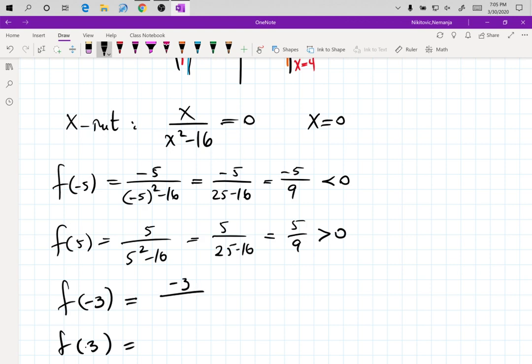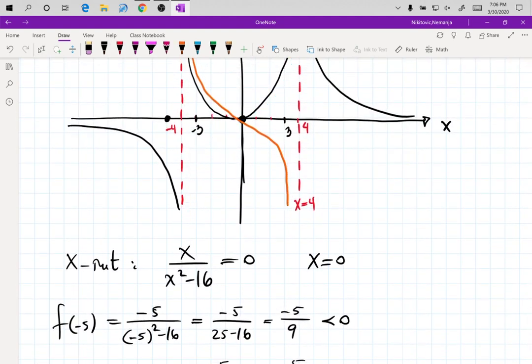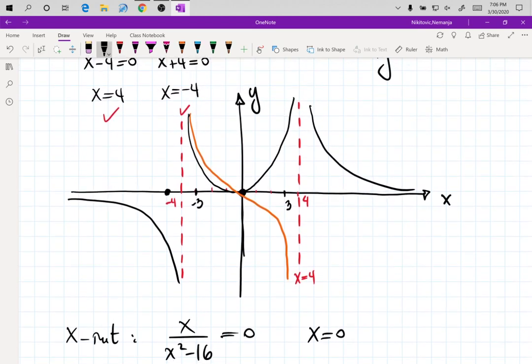So negative 3 over negative 3 squared minus 16 is negative 3 over 9 minus 16, which is negative 3 divided by negative 7, which is 3 over 7, which is a positive value. It's a positive value. That eliminates 2 negative lines. See that? Positive value.